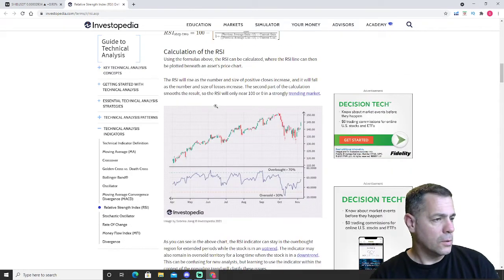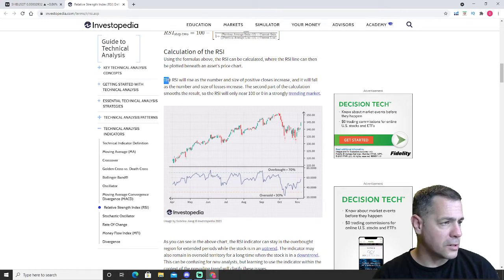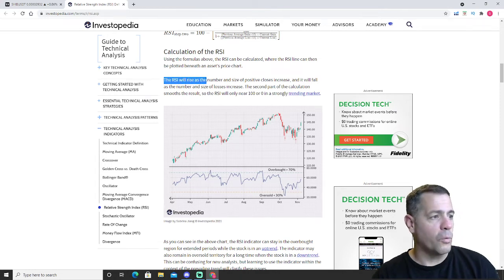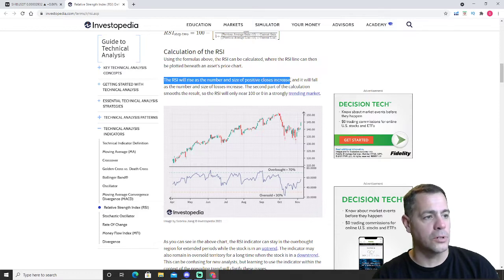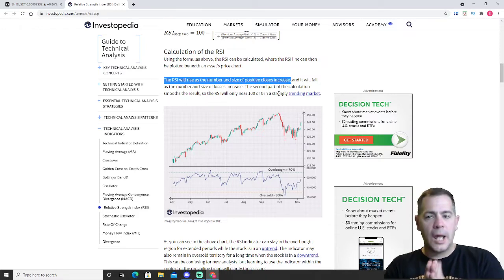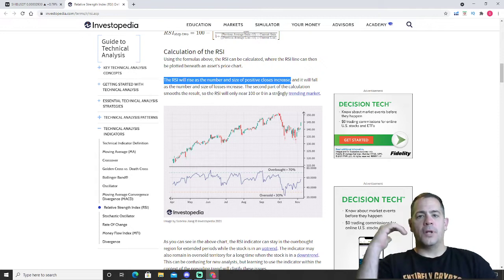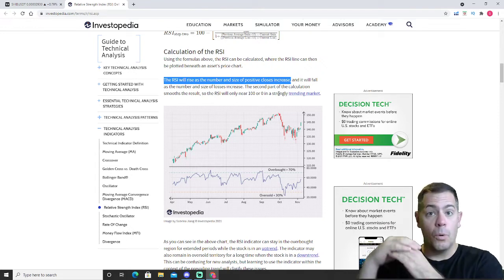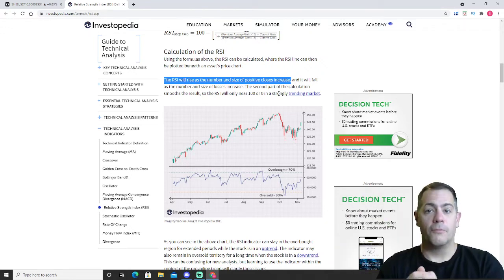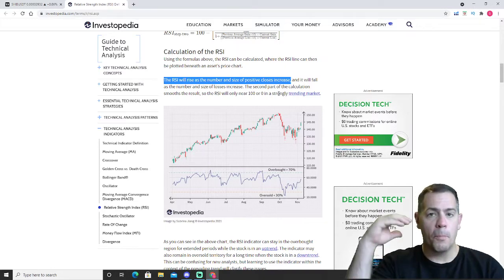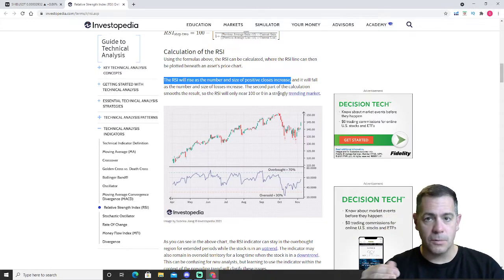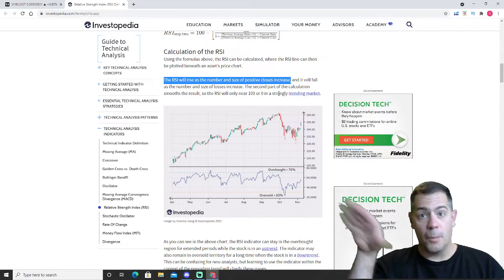Okay, so I did want to talk about this though. The RSI will rise as the number and size of positive closes increase. What they're saying there is the number of positive, so buys versus sells, right? If there's more buys than sells, then we're going up. Would you agree?